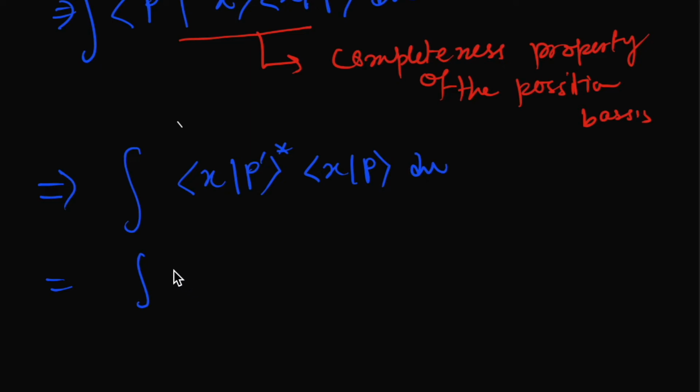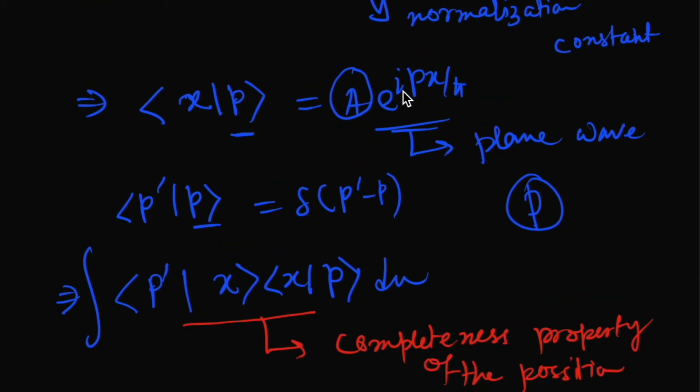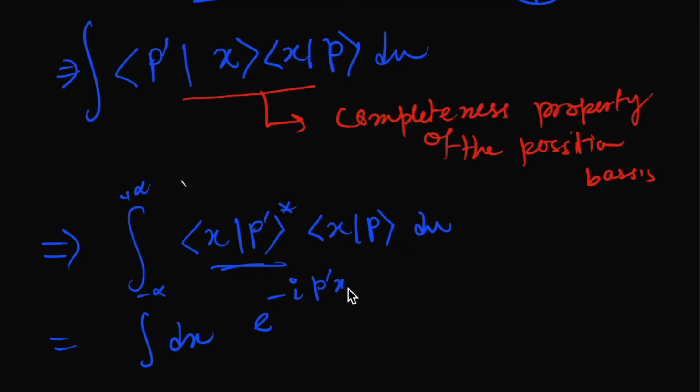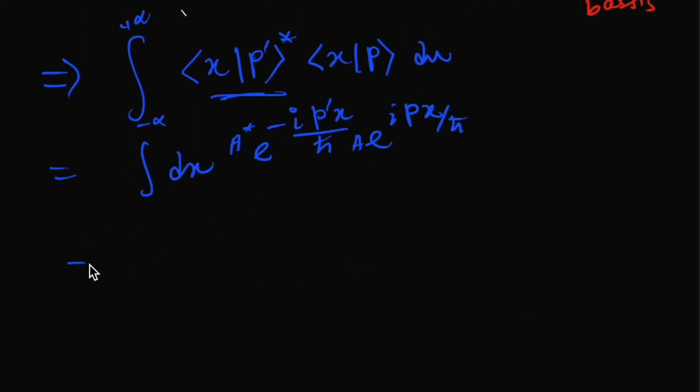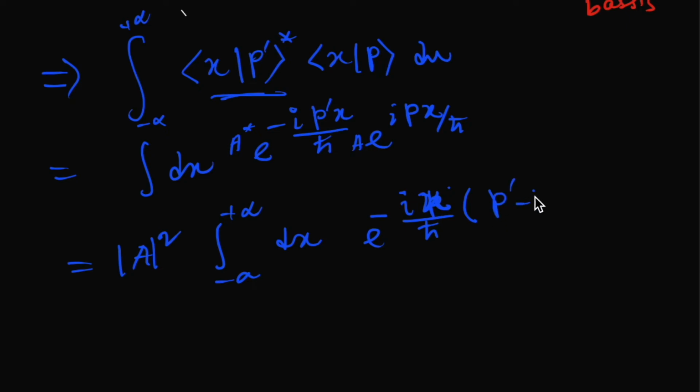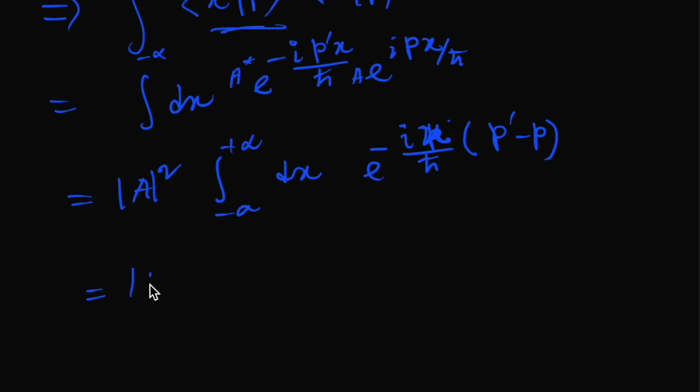Let us use that. ∫ from minus infinity to plus infinity dx, e to the power minus i p' x by ħ, e to the power i p x by ħ, and corresponding A star and A. So that means A star A is |A|² times the integral of dx e to the power minus i x (p' − p) by ħ.